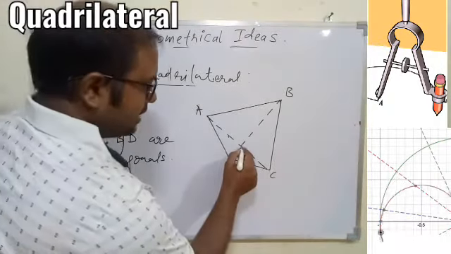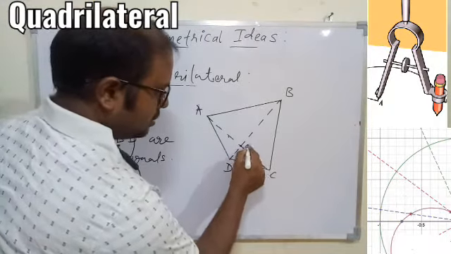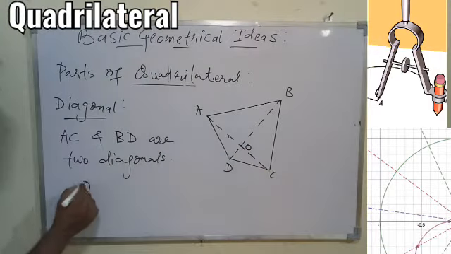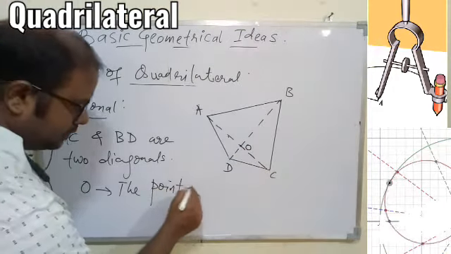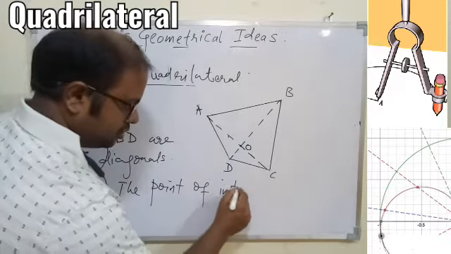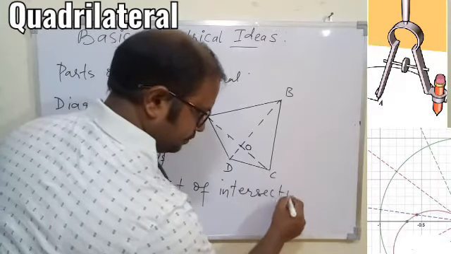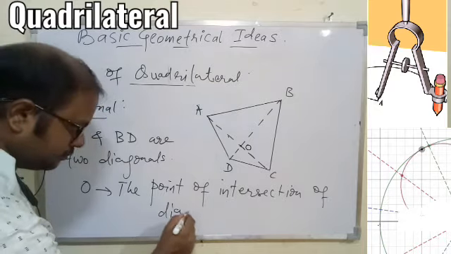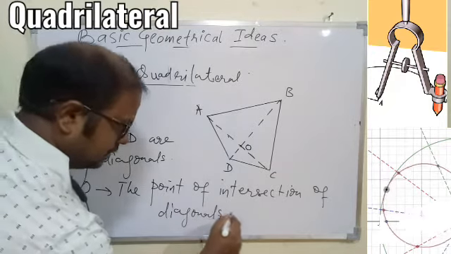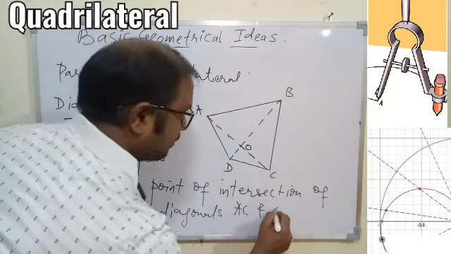These two diagonals can intersect at a point. Let this point be O. So O is the point of intersection of the diagonals, that is AC and BD.